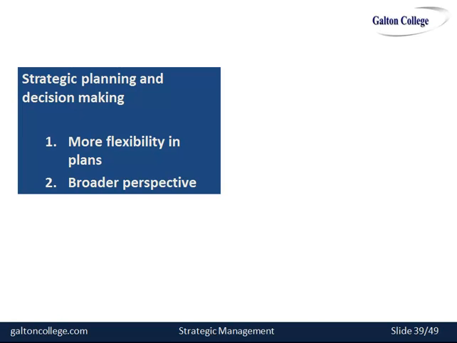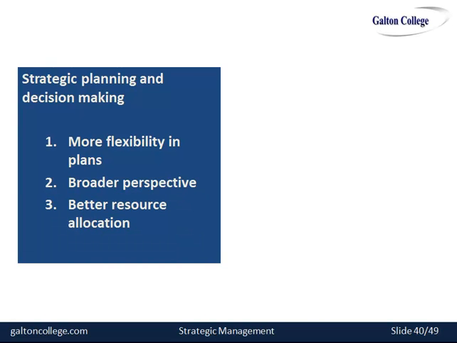So it should have a much broader perspective. It should look at not just the market that's been focused upon, but should also look at wider possibilities which may arise in the future. Try to allocate resources in a way that will enable the organization to reconfigure those resources should it be required in the future.